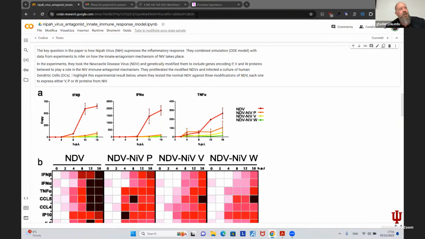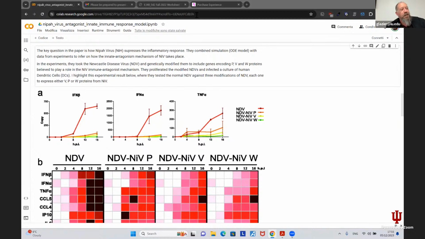And so if your NDV virus plus P, V, and W were to accidentally leak out of your lab, you might have turned a common and non-lethal virus into one that can spread and also kill large numbers of animals or people. So these experiments are very informative, but you want to be exceedingly careful that those engineered viruses don't get out.